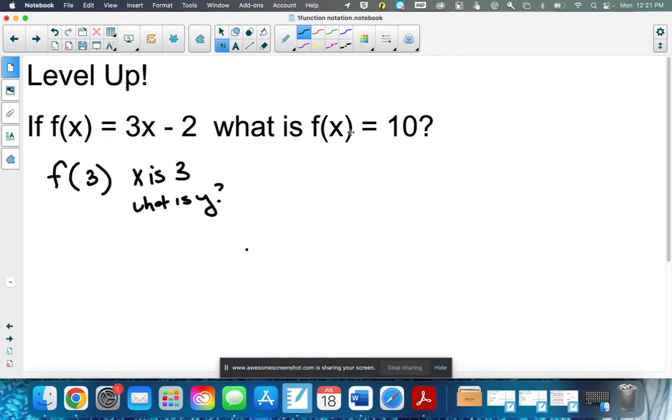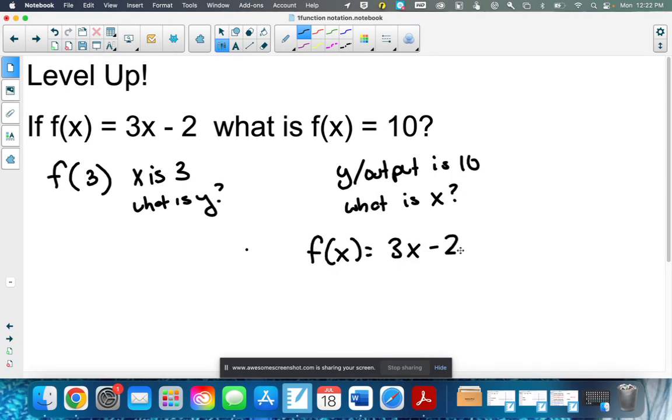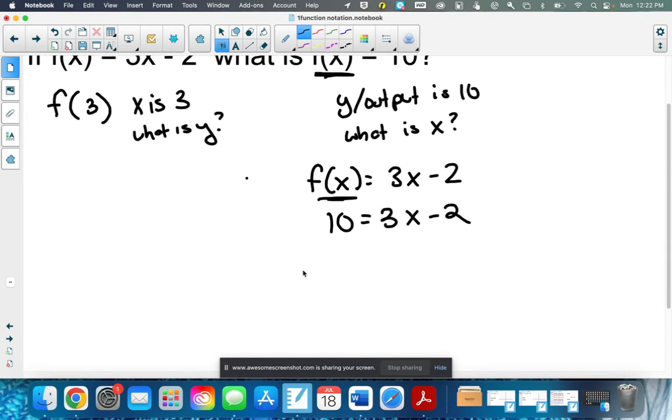If I say, what is f of x equals 10, then what I'm saying is that my output is 10. What x gets me there? In this, we actually have to do a little bit of solving, since that's my output. For the function f of x equals 3x minus 2, I'm making f of x equal to 10. So I have the equation 10 equals 3x minus 2, and I need to solve it for x.